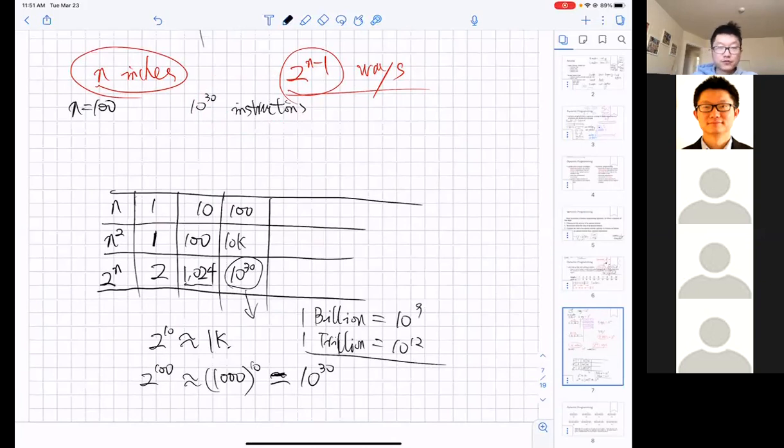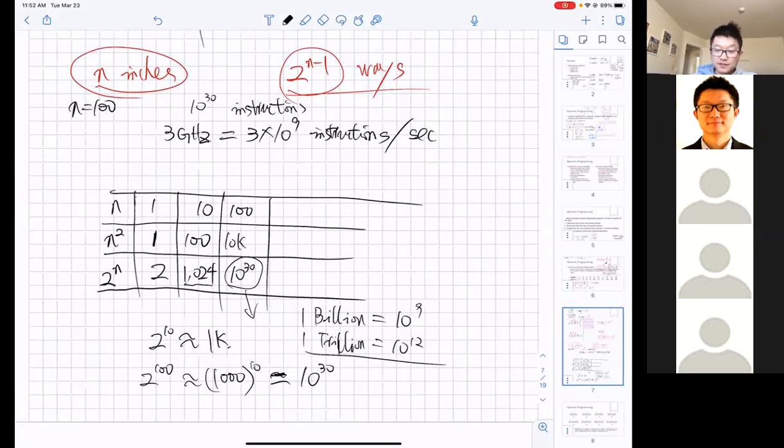Yes. For example, if you use an average i7 or i9 processor, it is around 3 GHz, correct? Yes. So what does 3 GHz mean? It means it can execute up to 3 billion instructions per second.